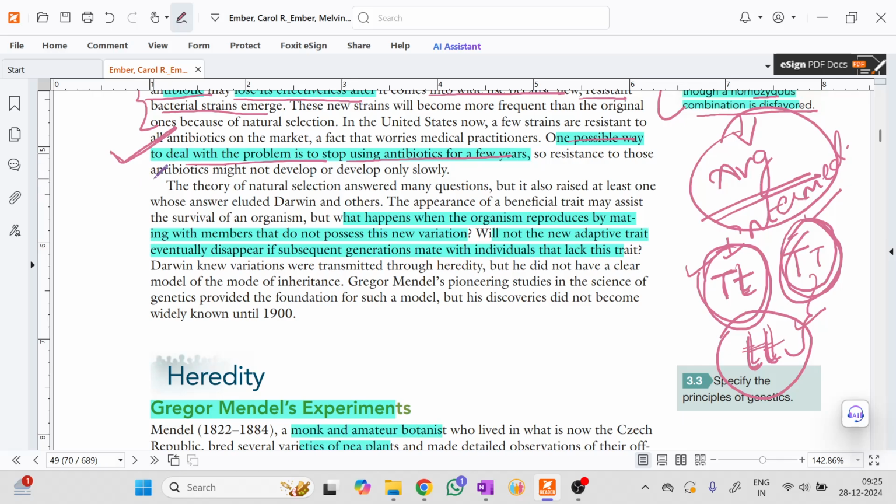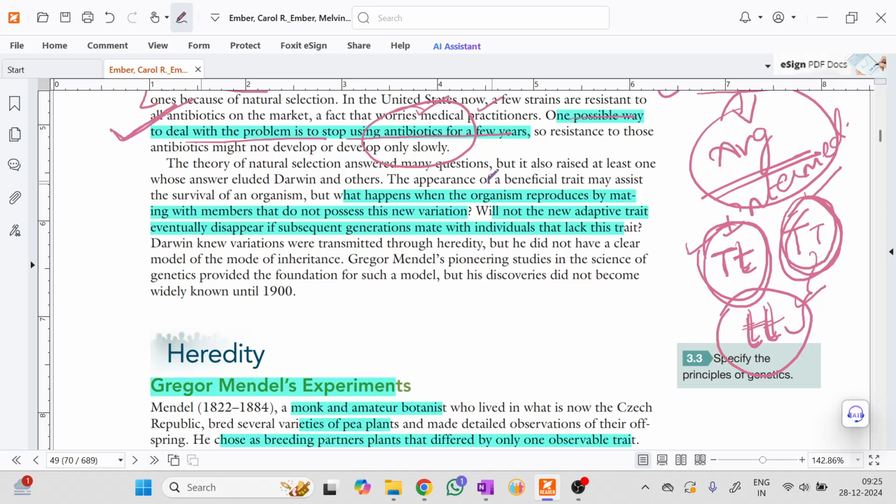It will not be selected if for a few years the application of antibiotics is not there. So the application of antibiotic is the natural condition that is selecting the resistant variant. But if the application itself is stopped, the resistant variant will not be selected for.